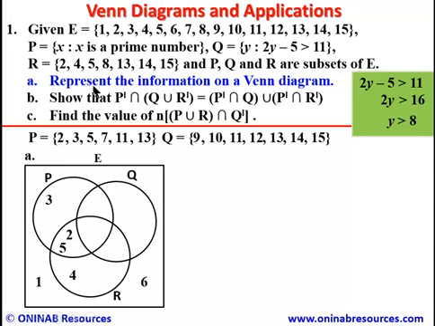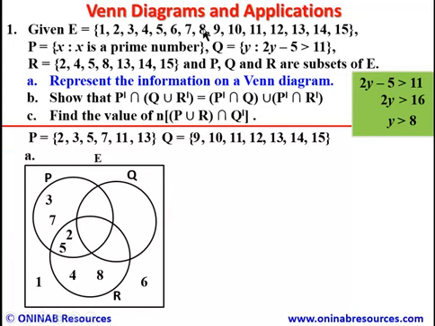And 7 is not in R, it is in P, and it is not in Q. So it is P only. So we have it in the region where we have 3. And 8 is in R, it is not in P, and it is not in Q. So it is R only. So it is in the region where we have 4.